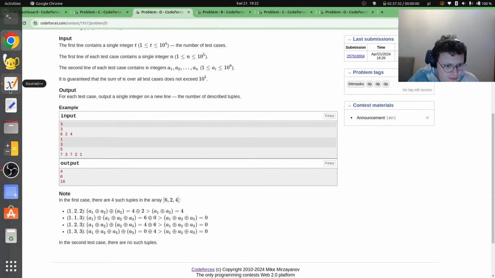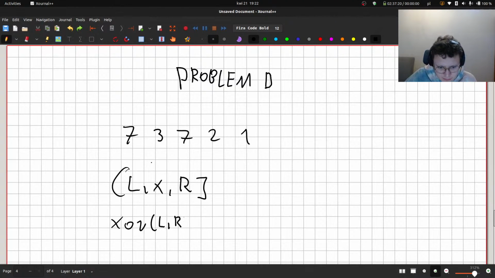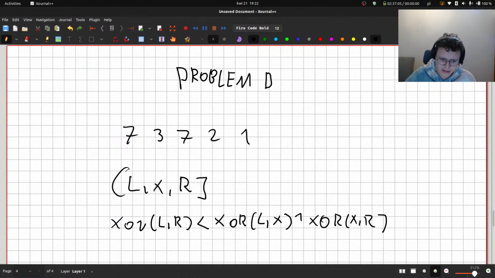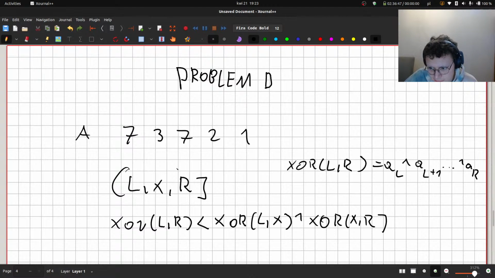And we want to calculate the number of tuples L, X, R such that the XOR on interval LR is smaller than the XOR on interval LX XOR the XOR on interval XR, right? So it's just something like this.